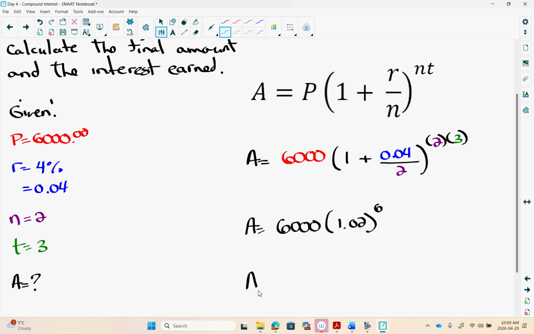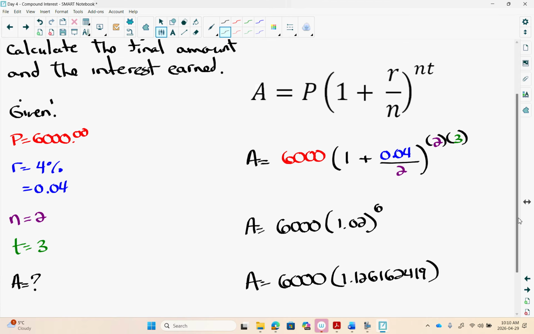And then I'm going to go 6,000 times, I don't know what 1.02 to the power of 6 is. It's going to be 1 point something. It just means 1.02 times 1.02 times 1.02 six times. You can do that quickly in your calculator with the exponent button. Make sure you write this full decimal, 1.126162419.